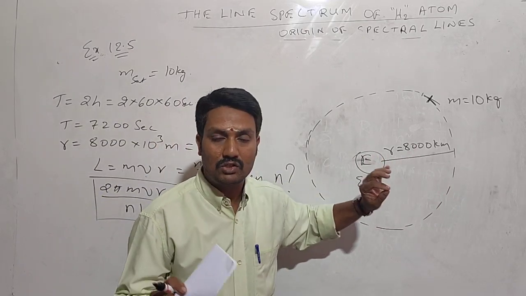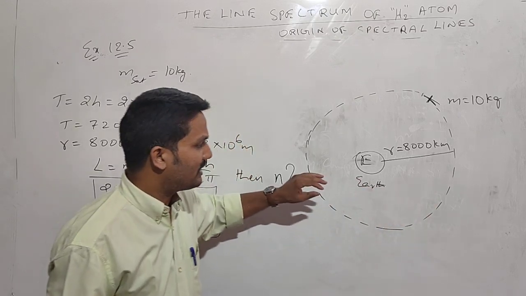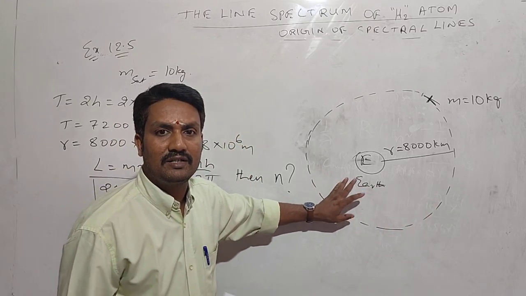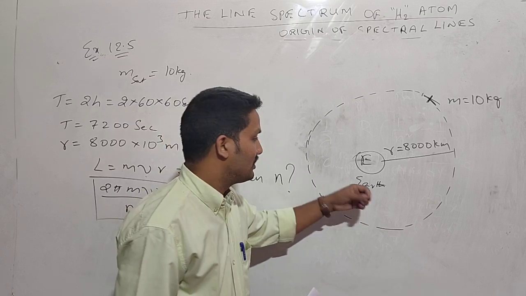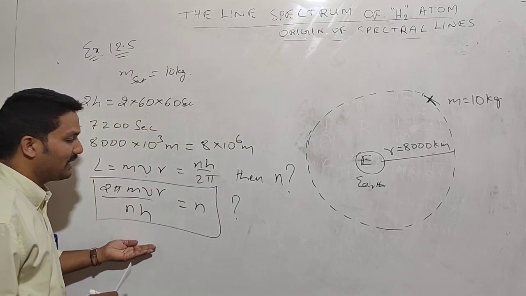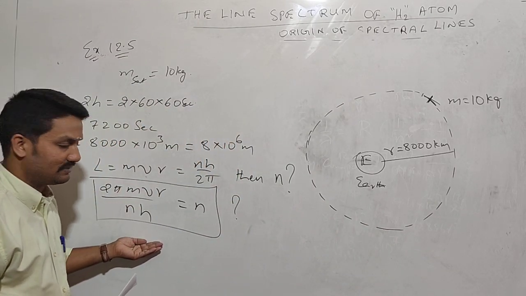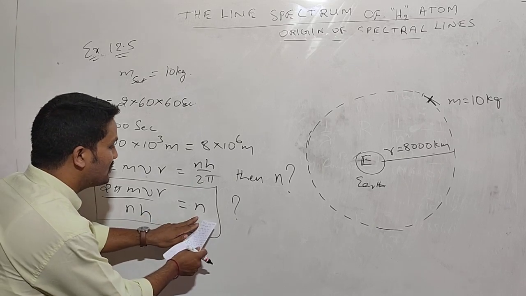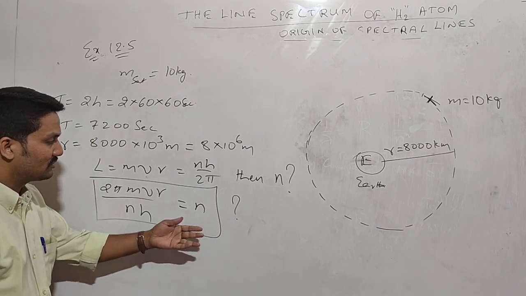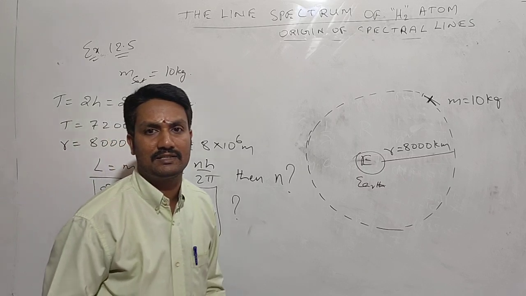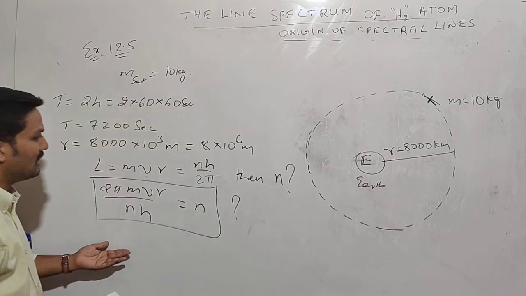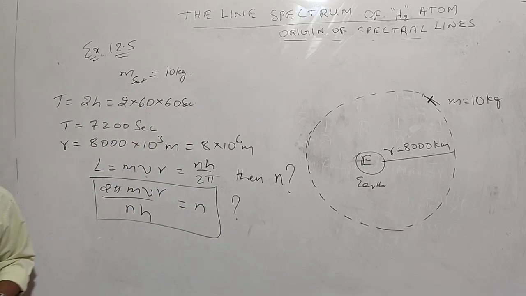From the diagram you can understand the solution. Our aim is to determine the n value. The formula is in front of us, so now we substitute those values into it.